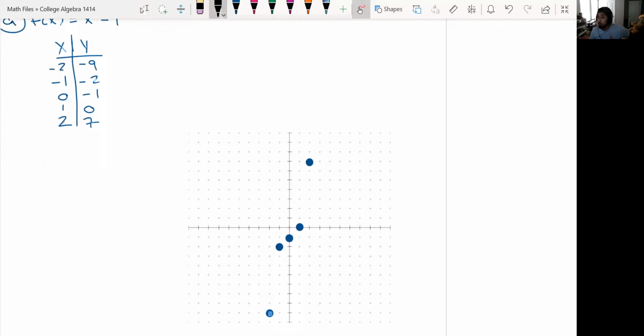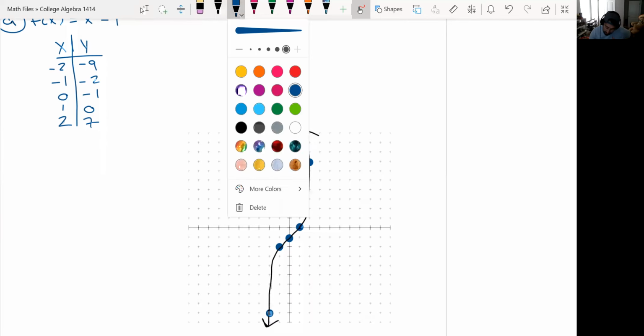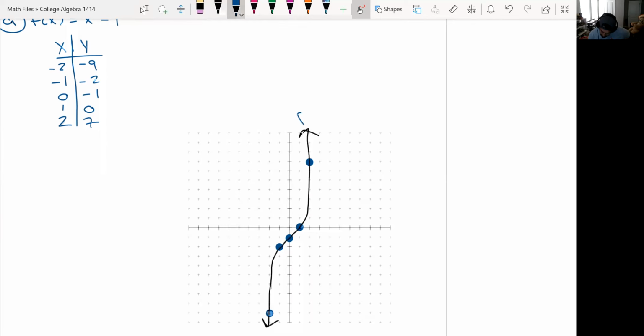So here's what the original function looks like. This is f of x.